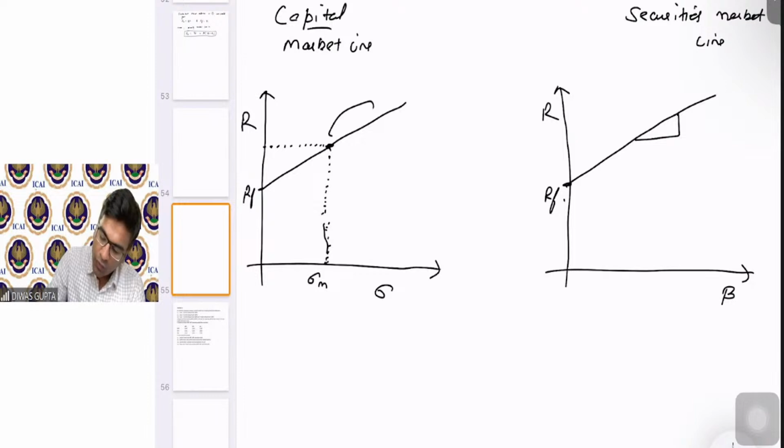So all the portfolios here are called borrowing portfolios, and all the portfolios here are called lending portfolios.